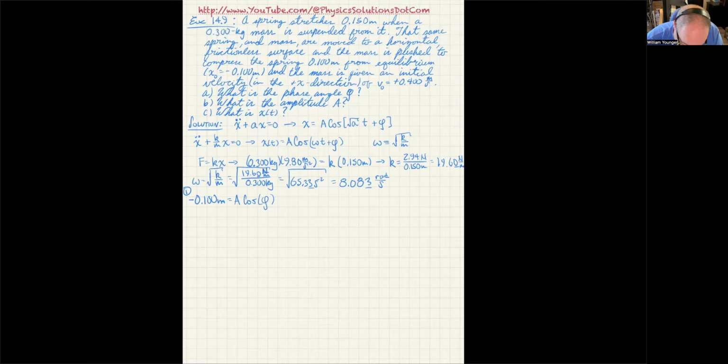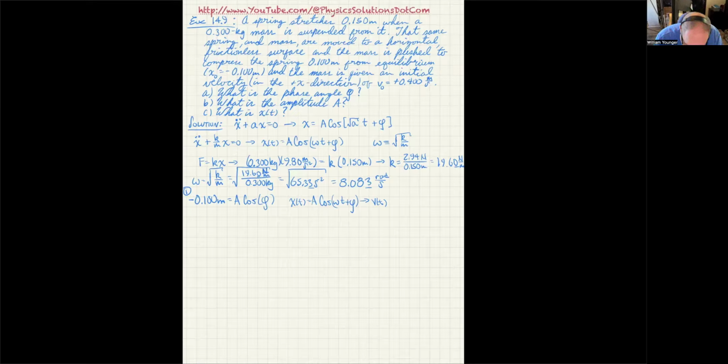So we have to use the other initial condition, which is that the velocity at t equals 0 is positive 0.400 meters per second. Now we know that x of t is equal to A cosine omega t plus phi, and we've already shown that if you take the derivative of that, you get v of t, and the second derivative gives acceleration as a function of time.